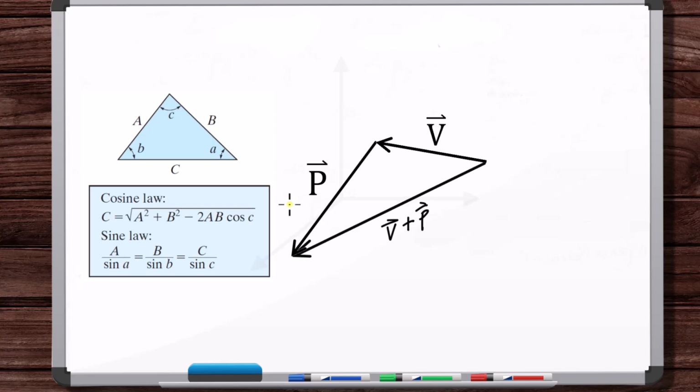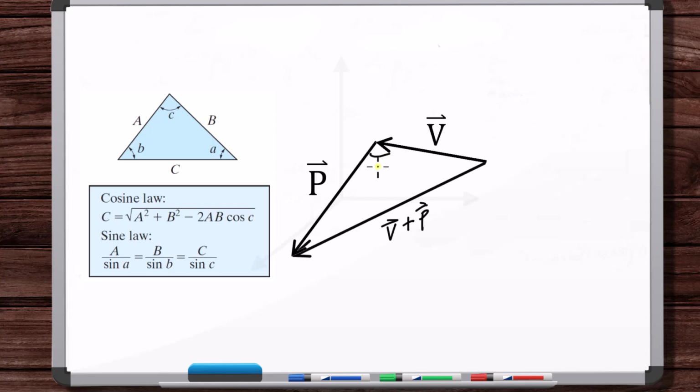And then perhaps we'd also have some information about the directions relative to certain lines, maybe relative to the up-down line or something like that. Just based on whatever information we have, we solve the triangle, getting the length of this line or the magnitude and just whatever directions we need, whatever angles we need.